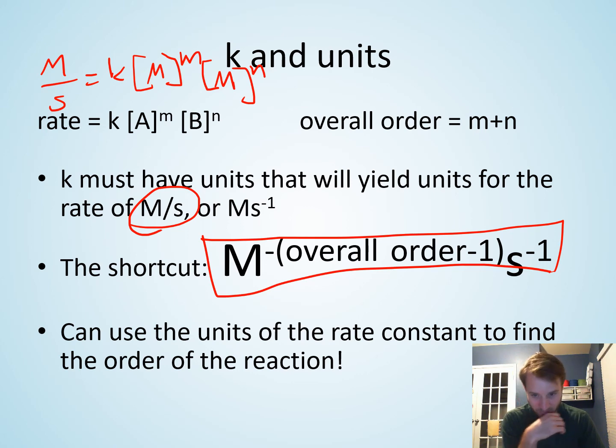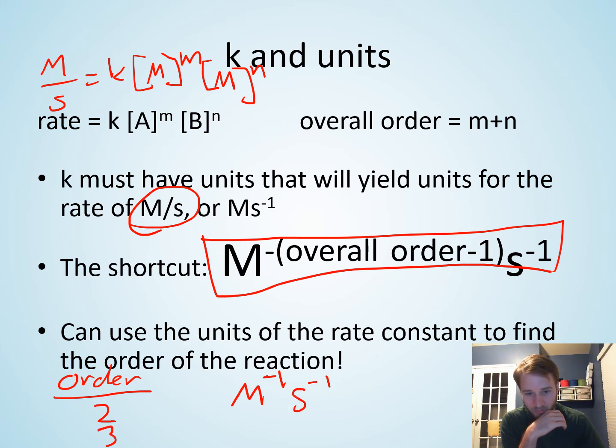So k has units, it's always inverse seconds, so the units of k are always 1/seconds, and then the concentration is raised to minus the overall order minus 1. So if the overall order of the reaction is, say, 2, then the order minus 1 is going to be 1, and so my units of k are going to be M to the minus 1, s to the minus 1, okay?